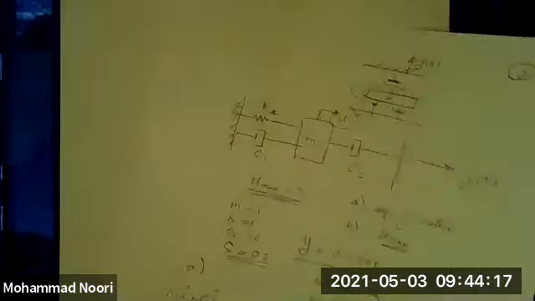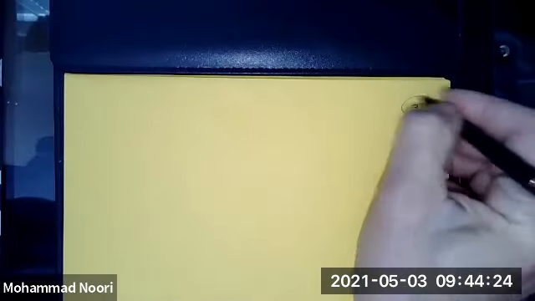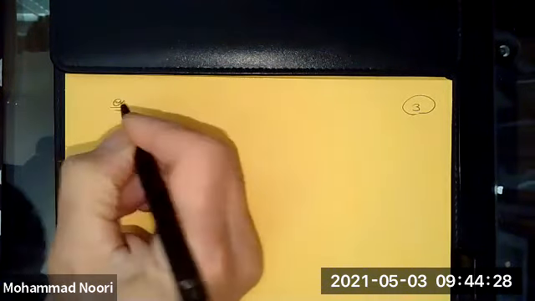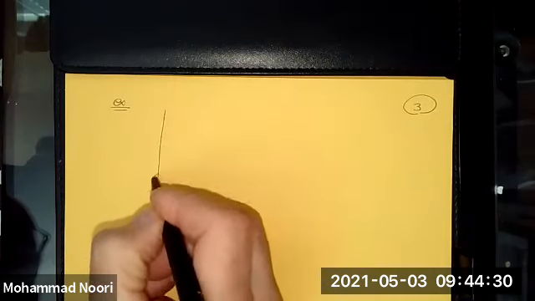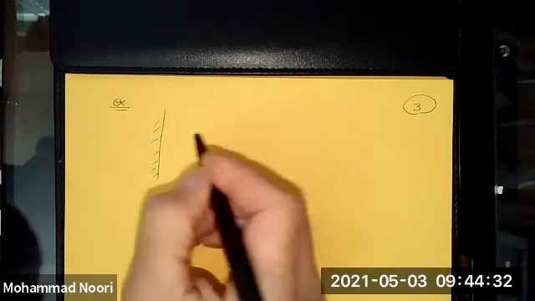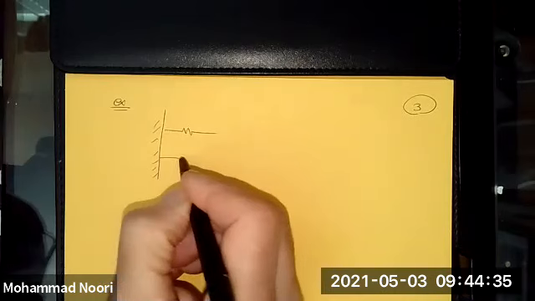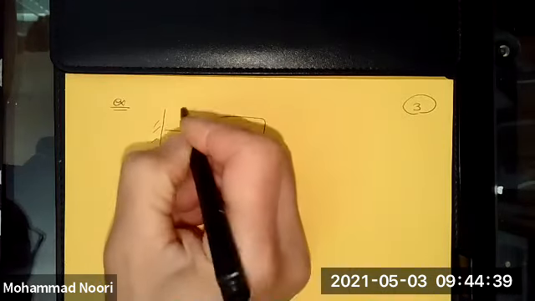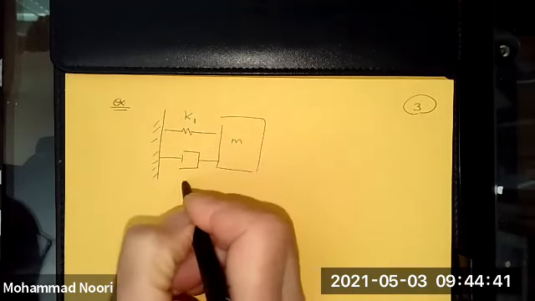Let's go over another example. Now you have a system like this: K1, C1.